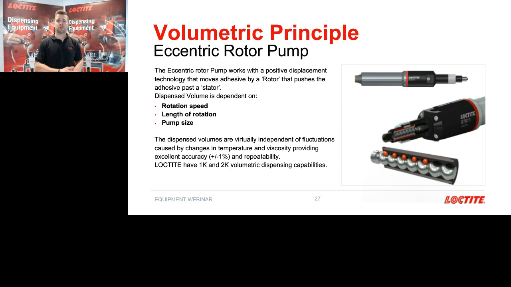So if you remember back to what David said, if you get a difference in your environmental conditions and your temperature rises, then your viscosity will lower, which means it's thinner and easier to pass through the system, so you're likely to get more adhesive when things are hotter. Now with a volumetric system, because we're displacing material down a known cavity in the screw, it's volumetric, we know what we're dispensing, and we're not affected by any of those changes.